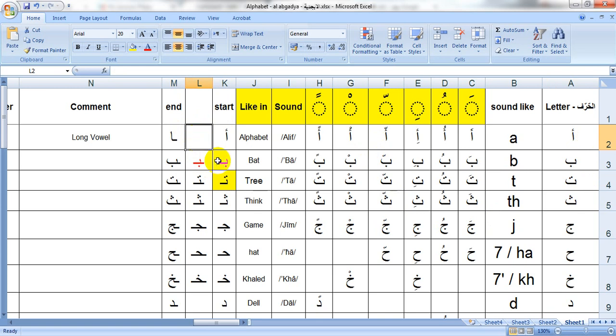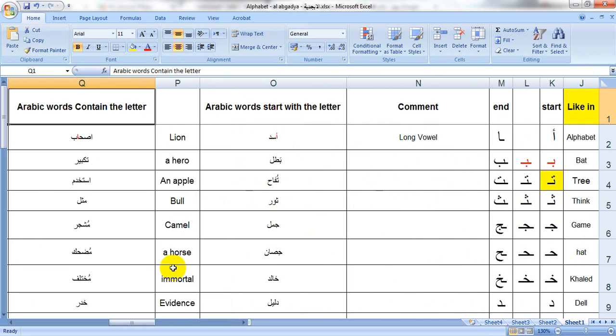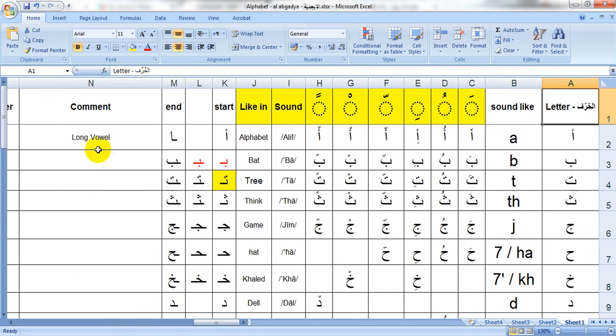Okay, so you have the standalone shape and you have the linked shape. The standalone shape, you will not be using it, but the linked shape is the one you will be able to see in the word. Okay, and I got you here in this Excel sheet an example of the letter coming in the beginning, middle, and the last. So now you know how the letters look if they are standalone and how if they are linked in the word.